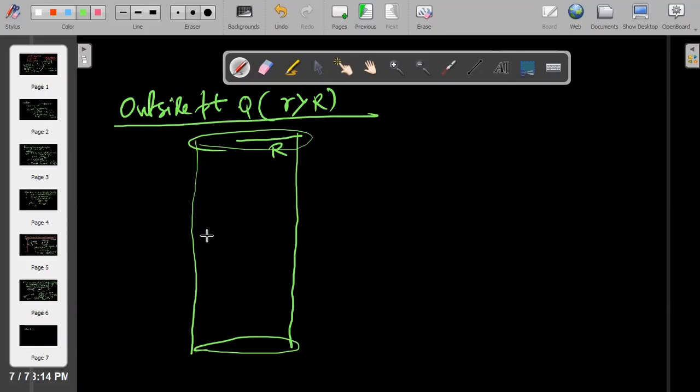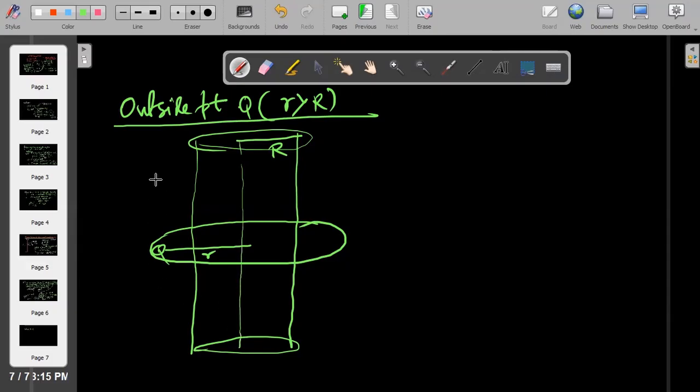Now your Ampere's loop will have radius greater than R. So this is your Ampere's loop. If you understood the previous Gauss applications, this is almost the same. This point, let's say this is Q, which cuts the circle, right? And this is small r. All these things you can consider.